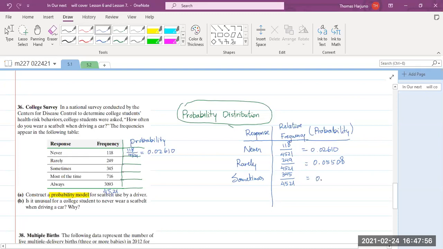I get 0.07631. And most of the time, that's 716 over 4521. 0.15837. Don't forget the leading zero, okay? Please don't forget the leading zero.